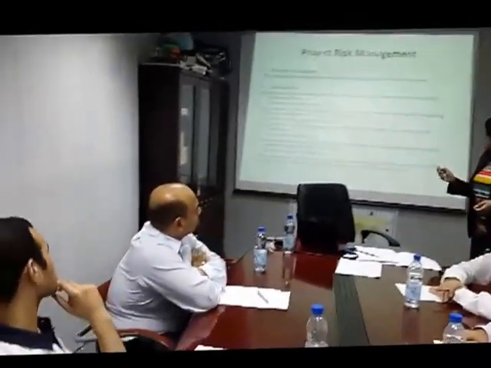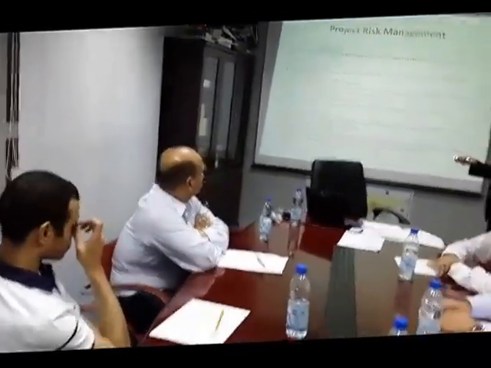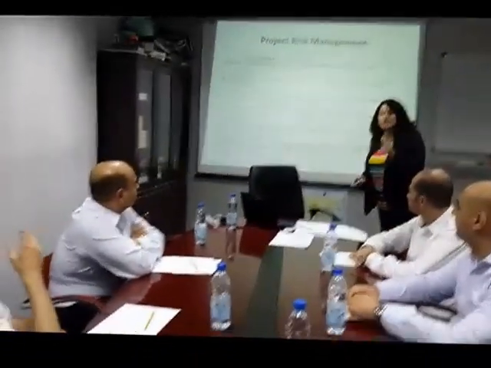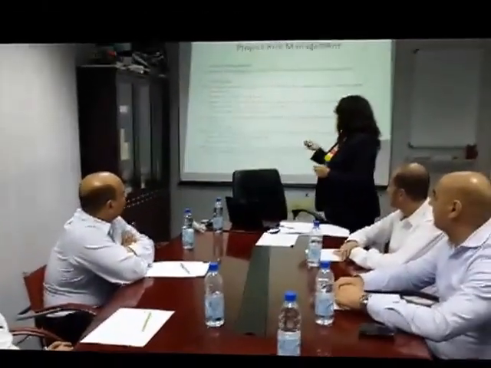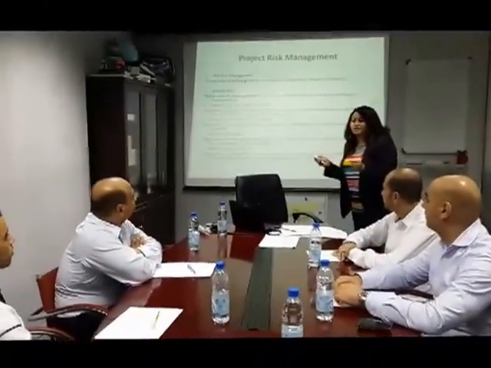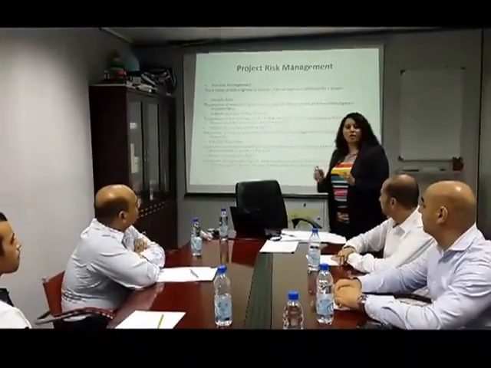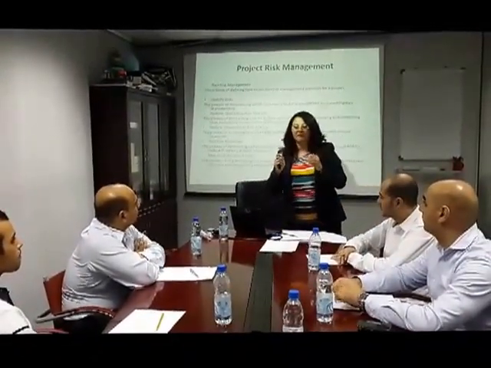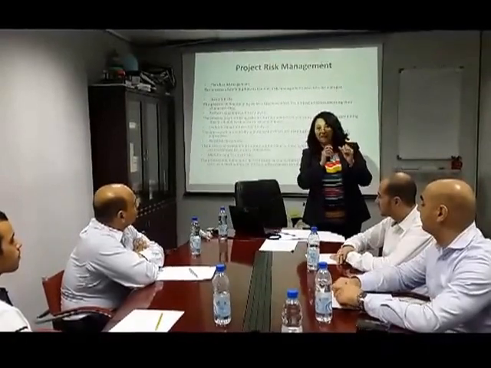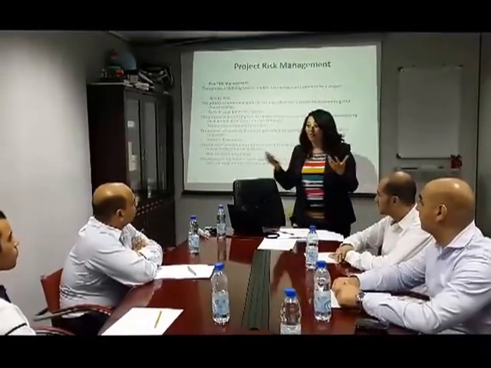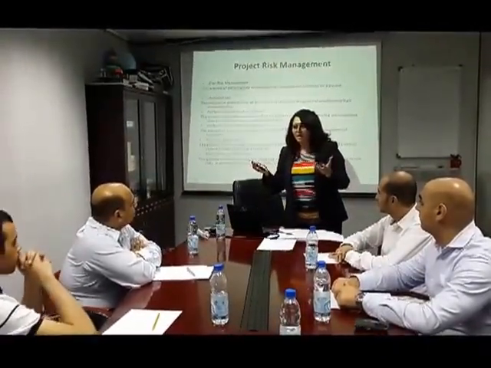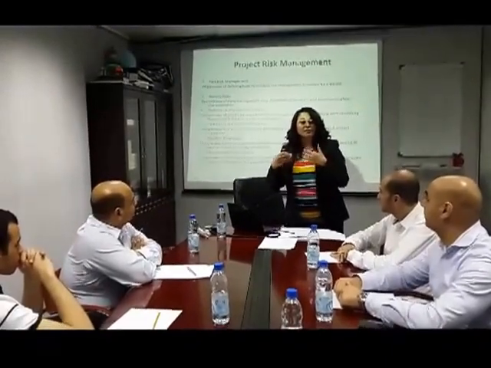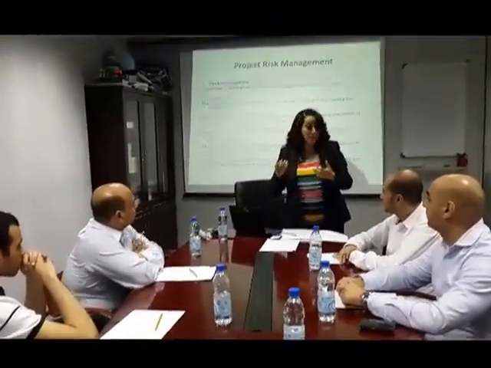And then we move to the last process, which is monitor and control risks. This is where we monitor how we are doing with the risks that were identified in the identify risks stage. We see if any new risks have come up.